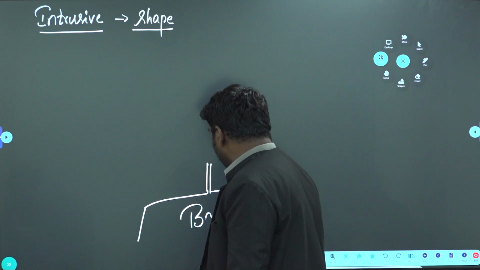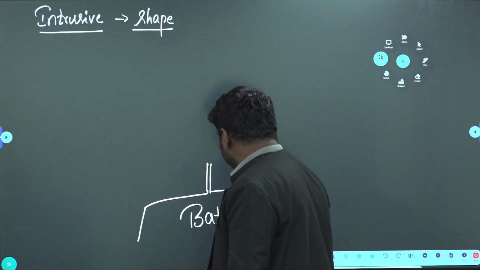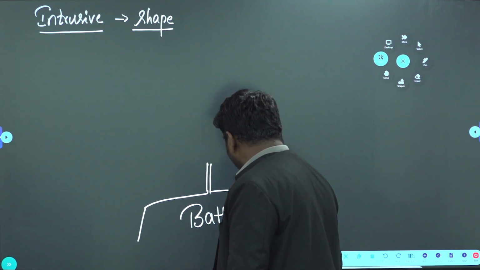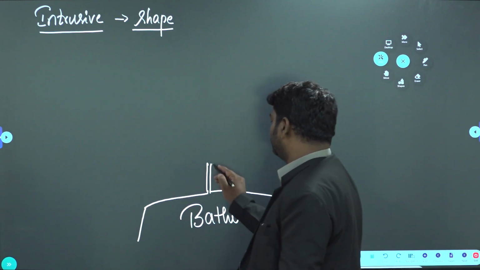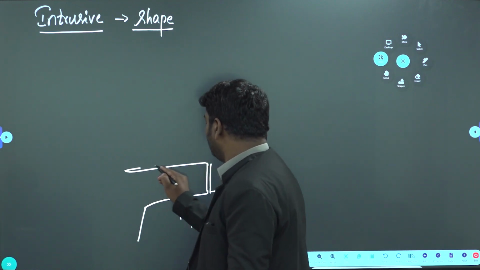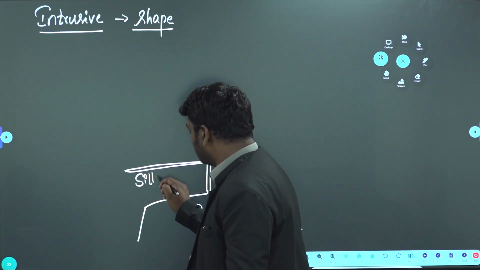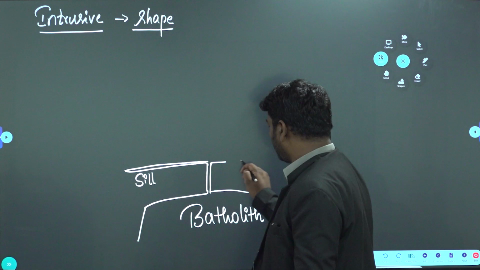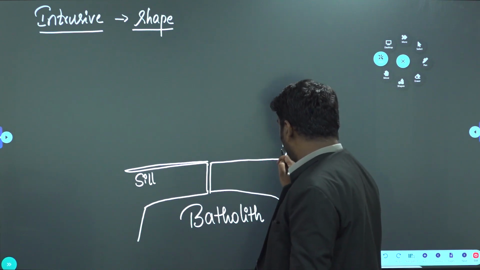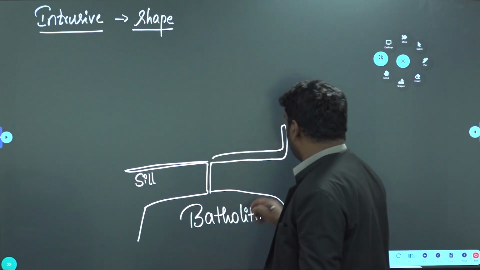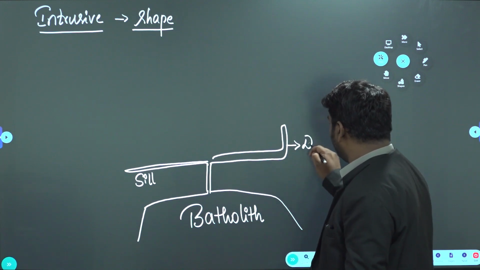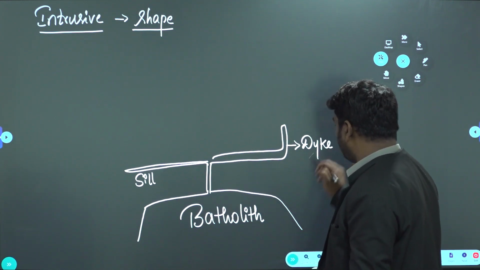Deep inside the earth, if something is formed, it is called as batholith. Horizontal to the bedding plane will be called as sill. Perpendicular to it is known as dike.